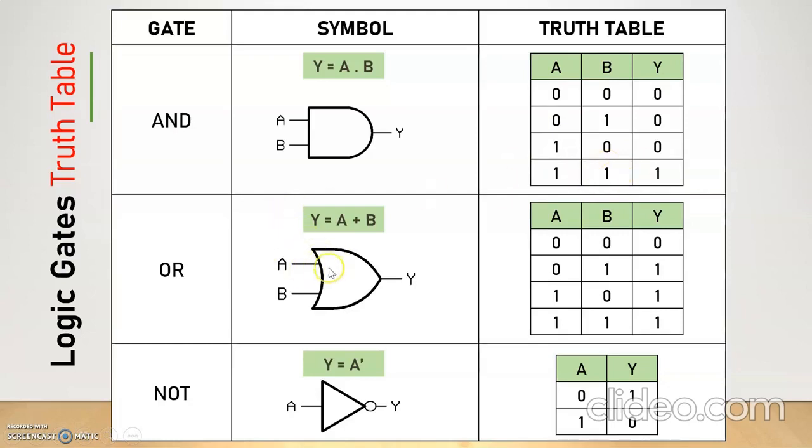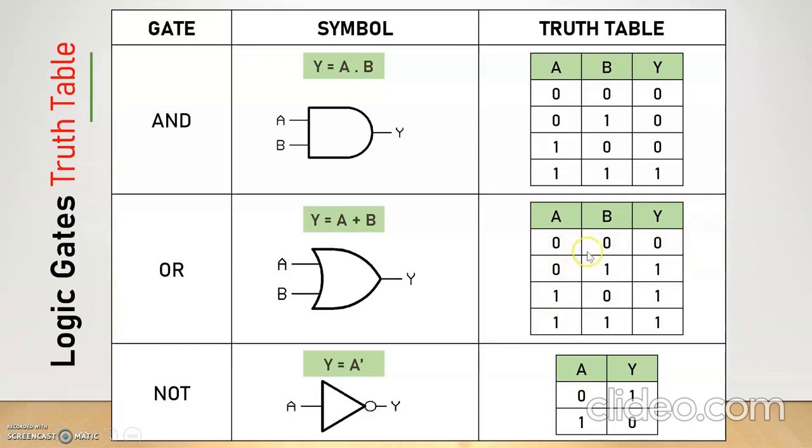Now for the second one, OR. OR must have at least 2 inputs. It can be more, but at least 2. So here in this example, in the basic OR gate, we have 2 only. So we will have 4 rows, because 2 to the power of 2 is 4, and the possible inputs are the same as in the AND truth table: 0 0, 0 1, 1 0, 1 1.